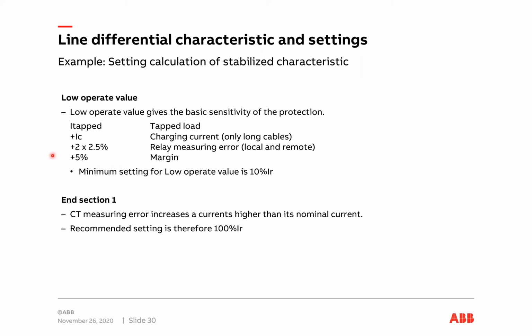As we don't have any tapped load or in-zone transformers in this example, we only need to include the relay measuring error. And we need to include the measuring error for both end relays. It's 2.5%, so that's why we have 2 times 2.5%. And then a 5% margin. So in this case, we will end up with the minimum setting for low operate value, which is 10%.